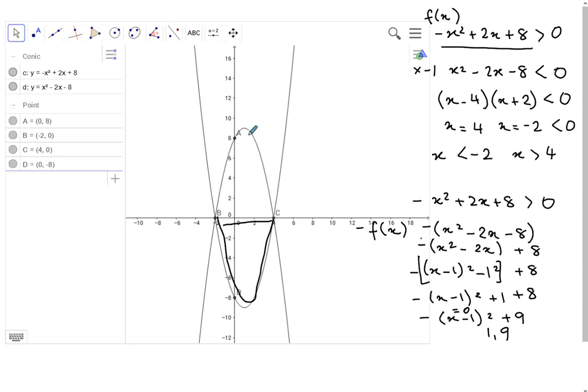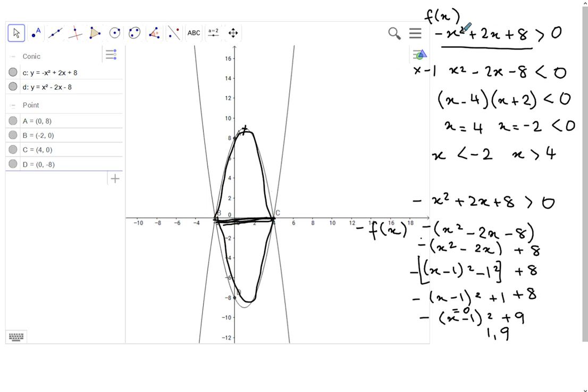So if you have to find the value of x which makes that greater than 0, then you can tell that it'll be this part of the curve, which is still the x values of those.